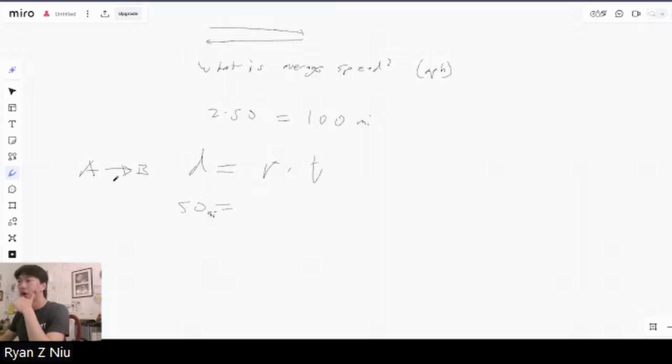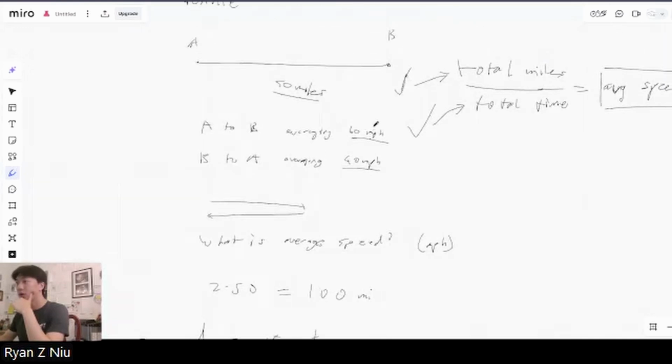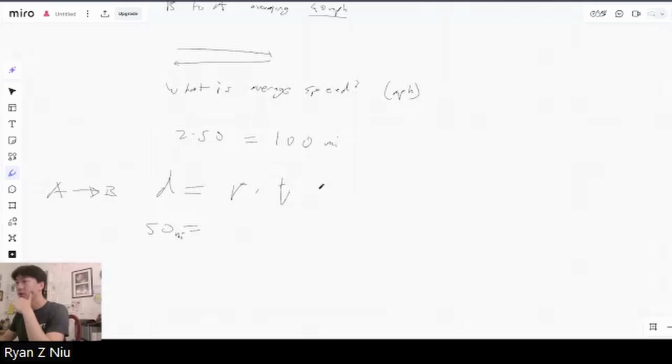And then our rate from A to B is 60 miles per hour. So using that unit conversion, 60 miles over 1 hour, miles per hour. We do the division there. And then we multiply by some time t, and t is what we want to find.